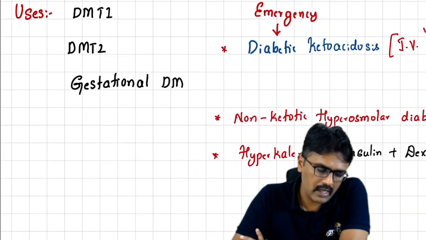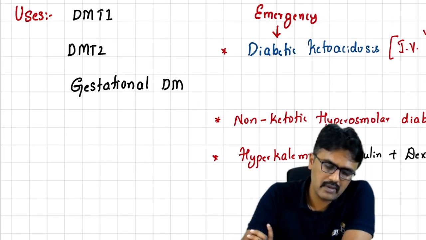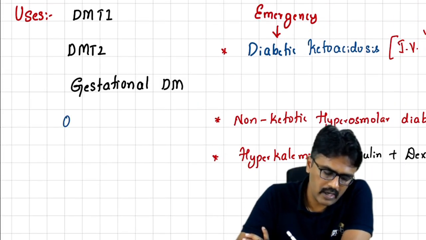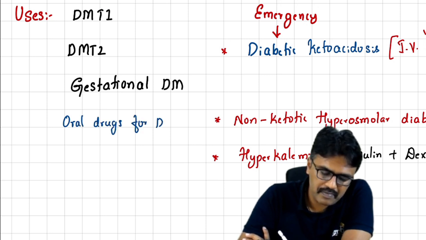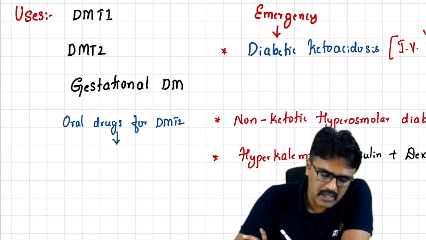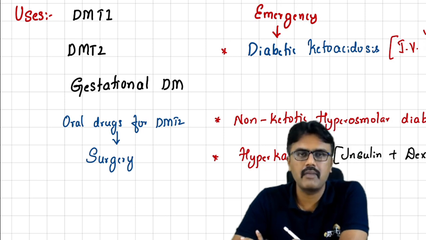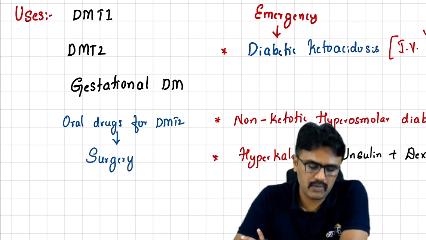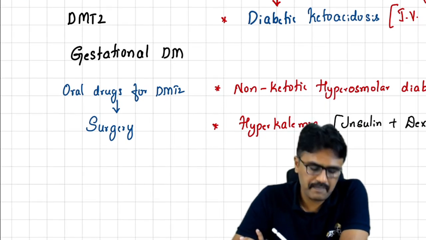Now, moving on to the other conditions where we use insulin. Suppose a patient is on oral drugs for diabetes type 2, and immediately he has to be posted for surgery. So if the patient is under surgery, then we don't recommend using oral drugs. We give insulin.